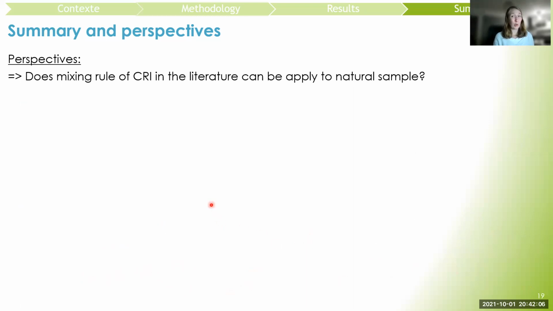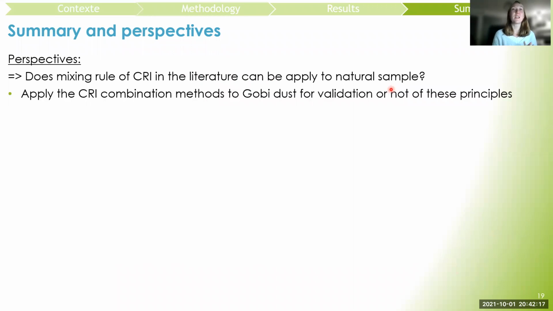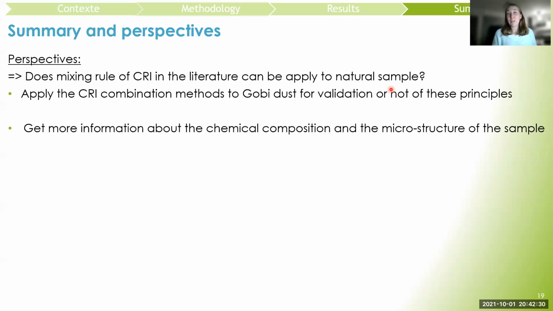Some perspectives. So the question will be now, can this mixing rule for complex refractive index present in the literature be applied to natural samples? We will apply this combination present in the literature and validate or not the principle, if it's possible to use this theory or not to retrieve the refractive index of Gobi. Maybe we will need to know which rules to use.